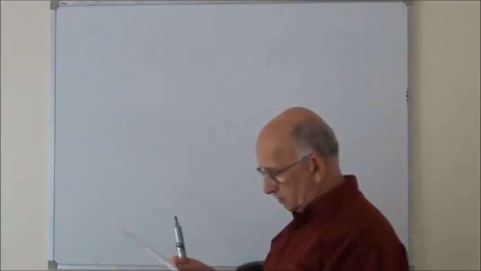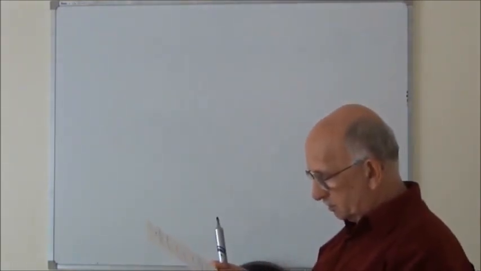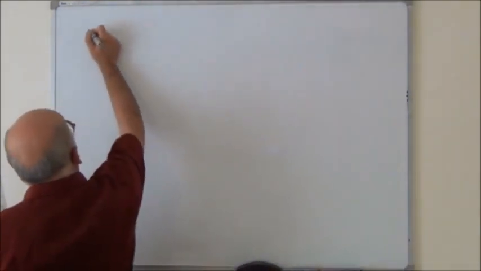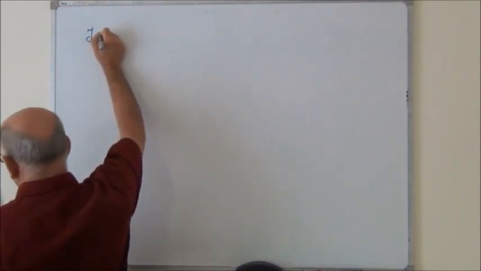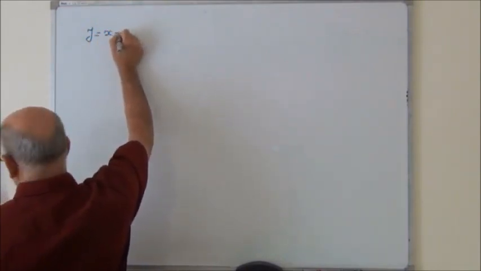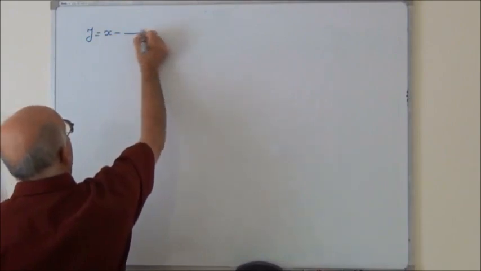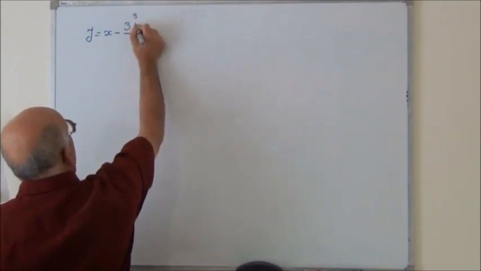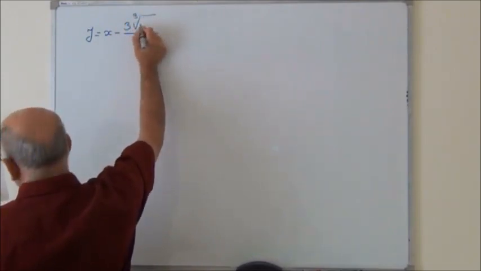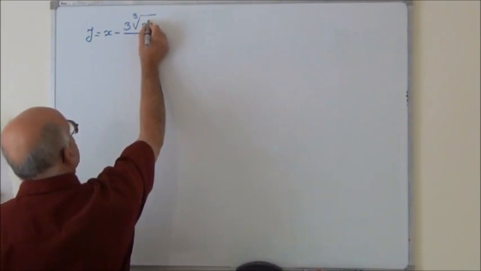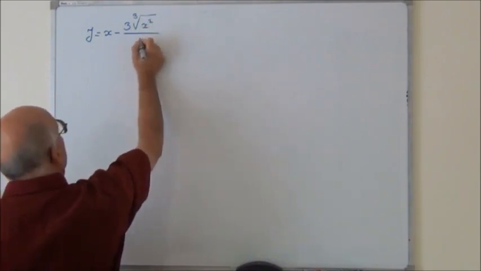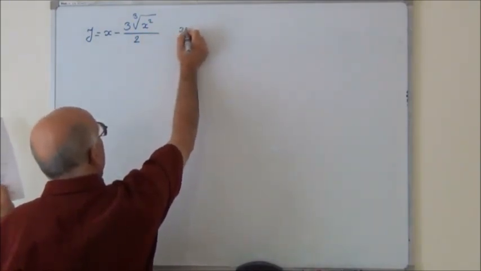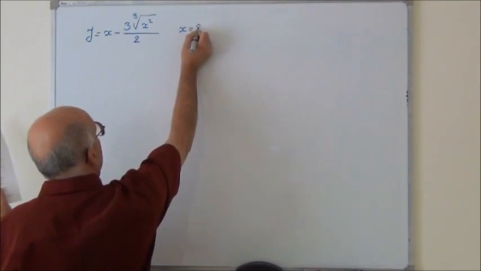We have to find the equation of the tangent and the normal to the curve. And the equation of the curve is y equal x minus 3 on 2 times the cube root of x squared, at x equal 8.